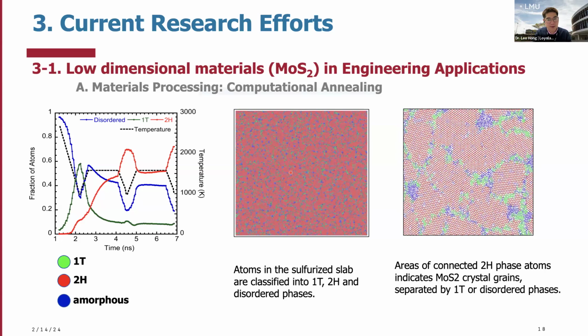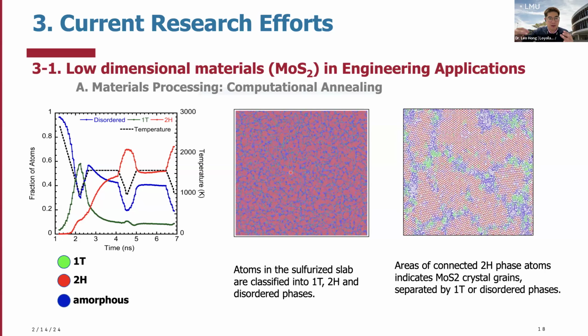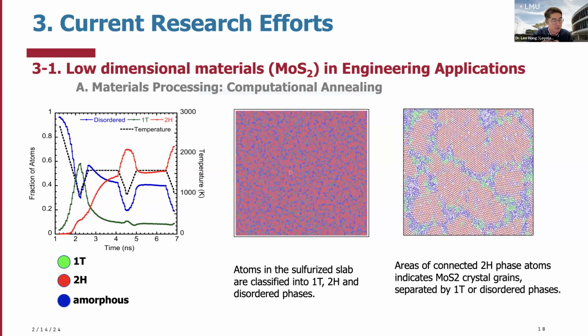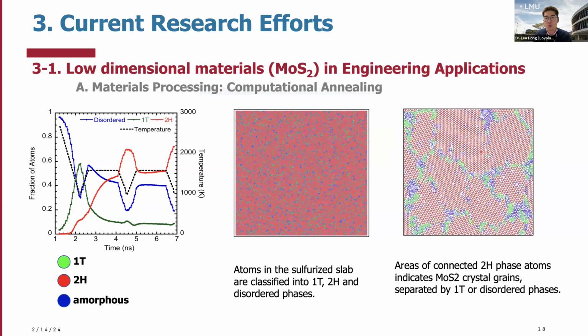Even though we have some grains, it's much better than before. At the end, you will see a much bigger portion of the red one, the 2H crystalline phase. In the zoomed-in view, you can see all the crystalline phase, with a honeycomb-like shape.